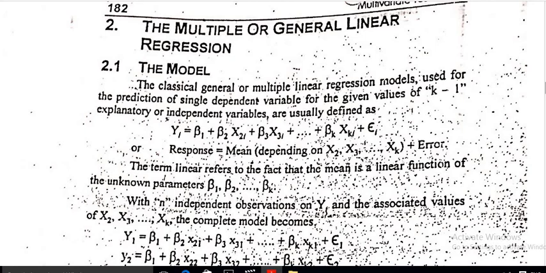The classical general multiple linear regression model used for the prediction of the single dependent variable for the given values of k minus 1 explanatory or independent variables is usually denoted by yi is equal to beta 1 plus beta 2 x2 plus beta 3 x3 plus and so on beta k xk plus epsilon i. Here the explanatory variables are x2, x3, x4 and so on up to xk.